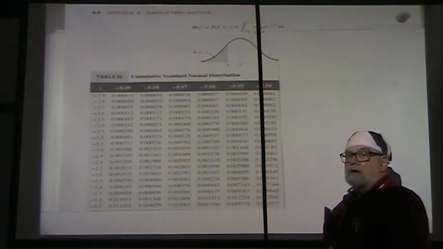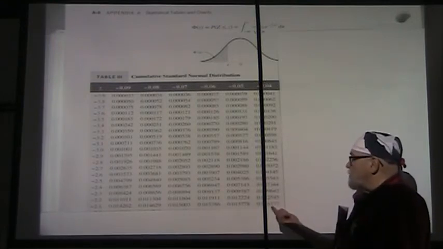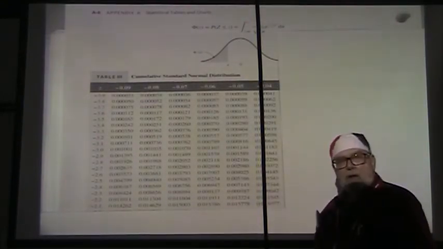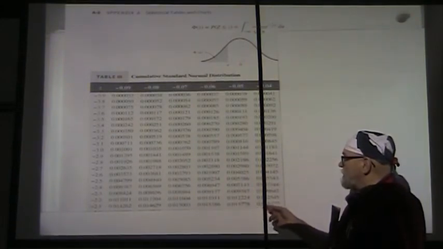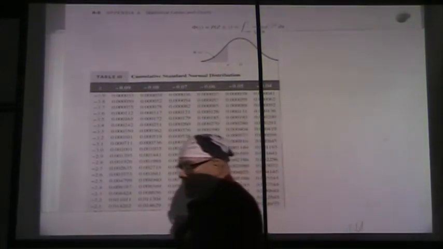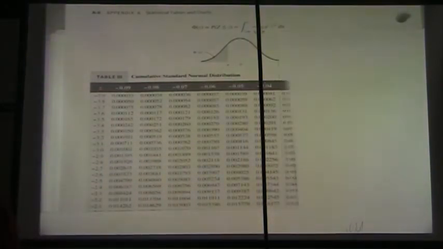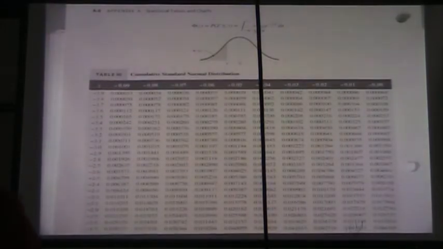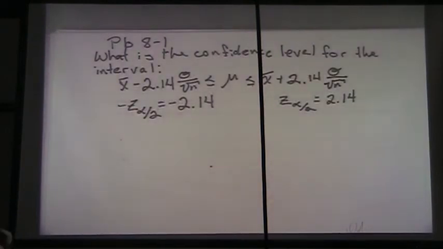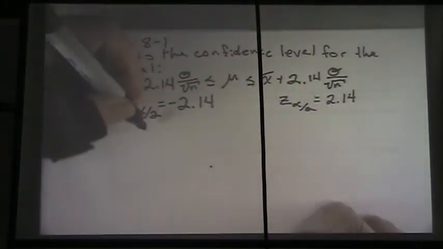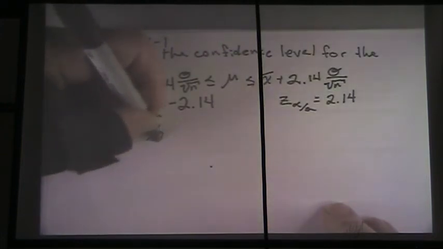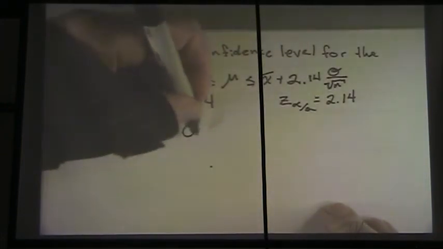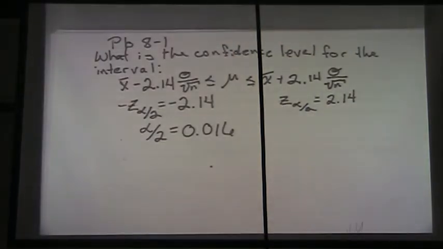Well, it sounds like a lot of work to use that extra 177. I'm going to throw that away. I'm going to call it 0.016. All right, so alpha divided by 2 equals 0.016.